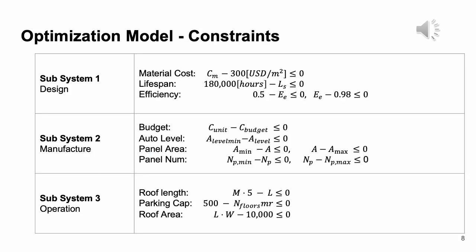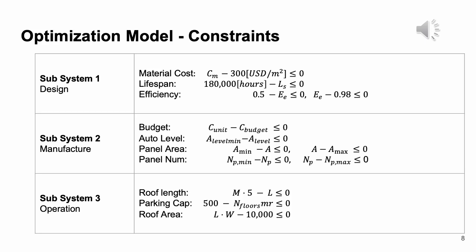In subsystem 1, we restrict material cost to under 300 per square meter, require a minimum lifespan of 180,000 hours, and keep the electronic efficiency coefficient between 0.5 and 0.98. For subsystem 2, we include a manufacturing budget limit requiring a minimum level of optimization and enforce bounds on panel area and number of panels to ensure scalability and cost efficiency.